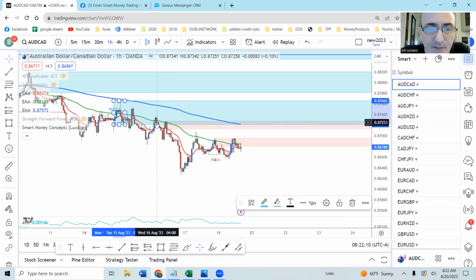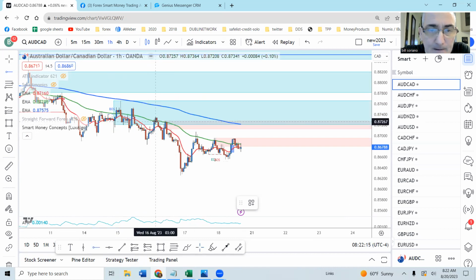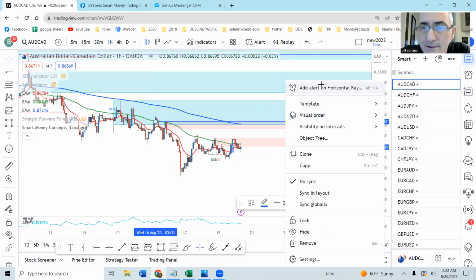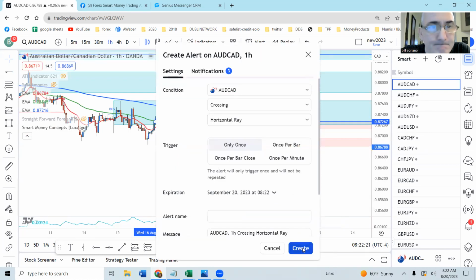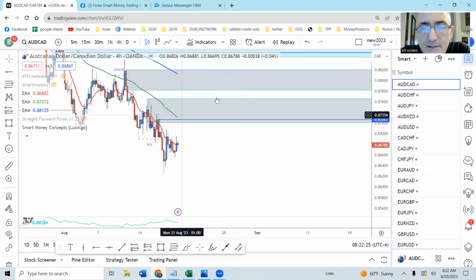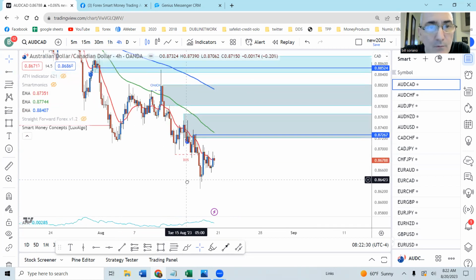Could possibly use this right here. So I'm going to use that candle right there, and we're going to put a point of interest alert right there. Let's go back to the 4-hour. You can see that we have that inside of our order block here.